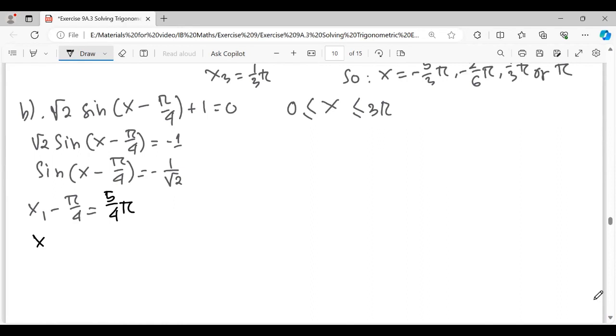Right. So x becomes 4 pi plus pi over 4, 5 over 4 pi. Okay, that is x1.